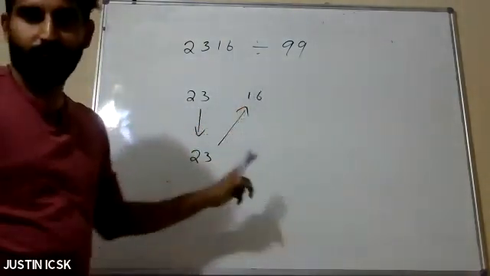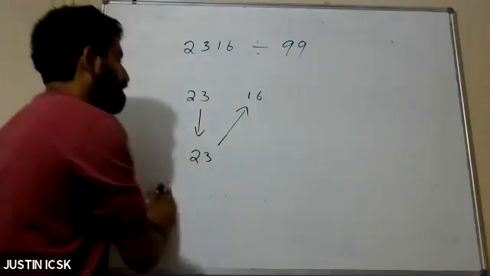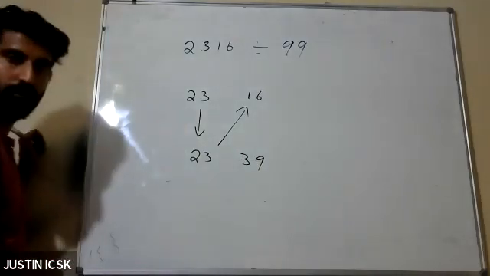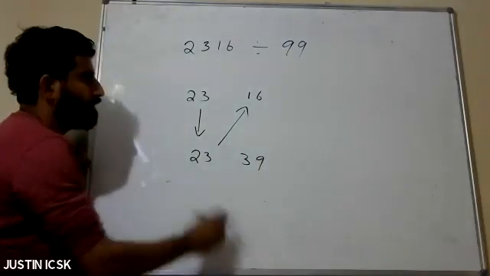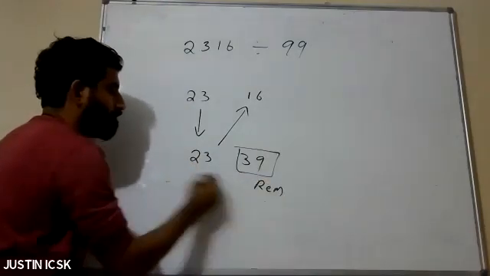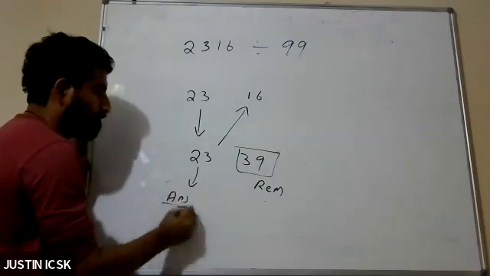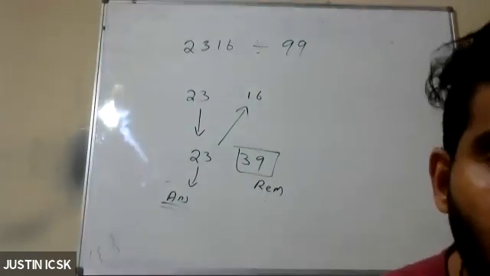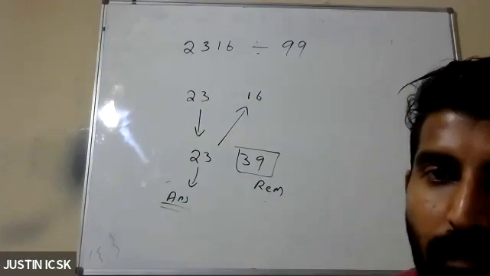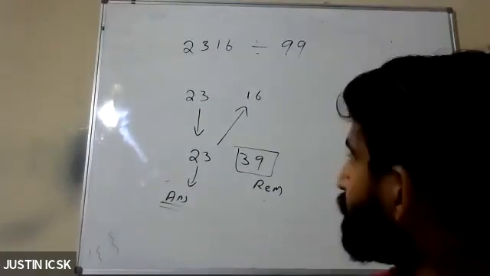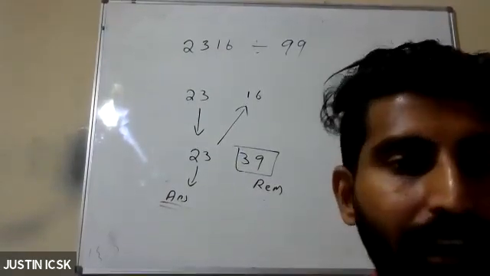23 plus 60. Remainder. Okay. So I hope everyone understood the method of how to divide with 9.